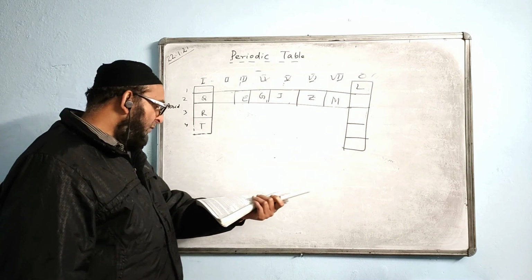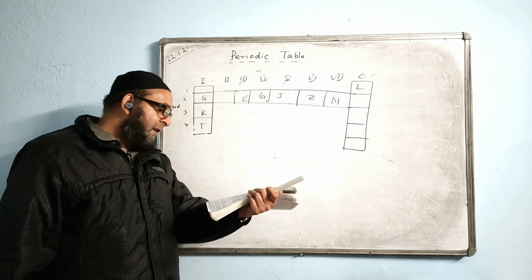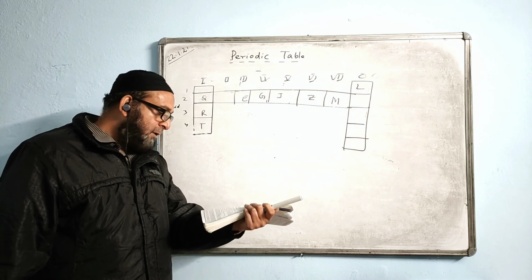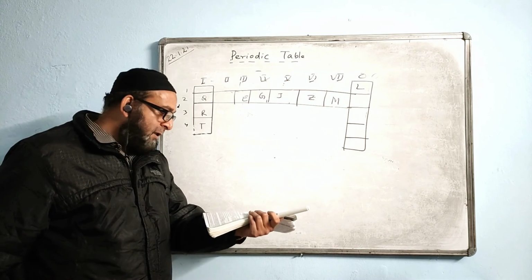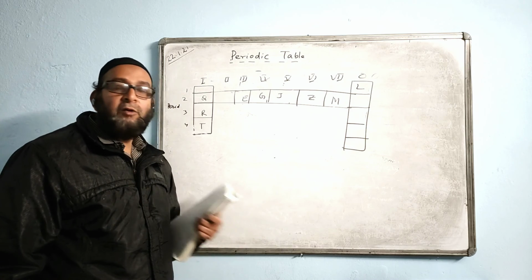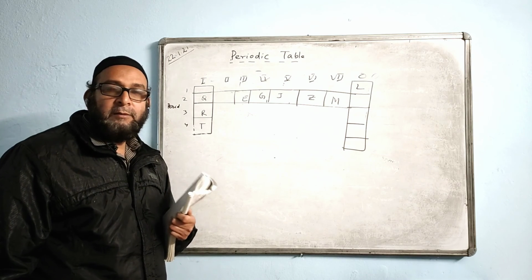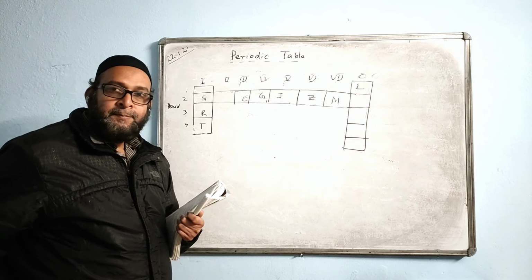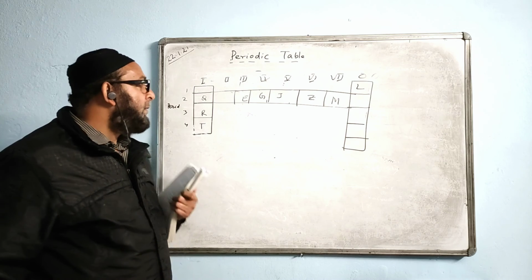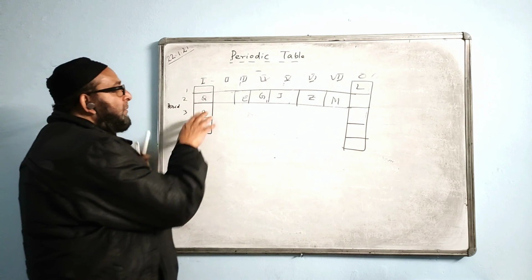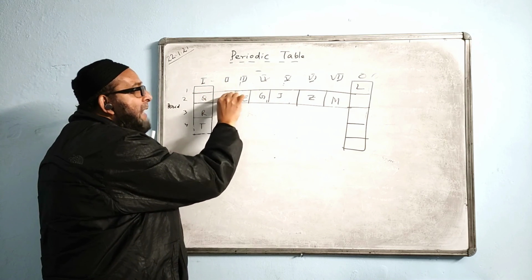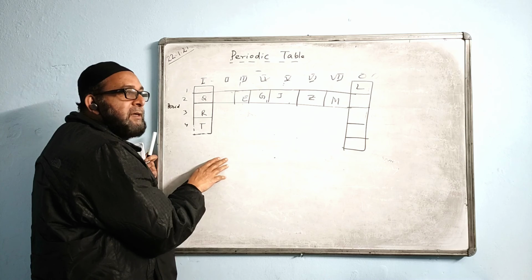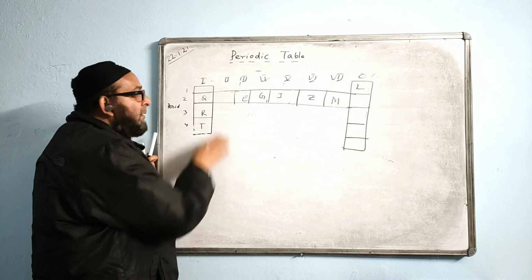Finished. Now they have given a fill in the blank question. Fill in the blank by selecting the correct word. If an element has a low ionization energy, then it is likely to be metallic or non-metallic. Which has low ionization energy? Think this way. When we move this way, does ionization energy increase or decrease?